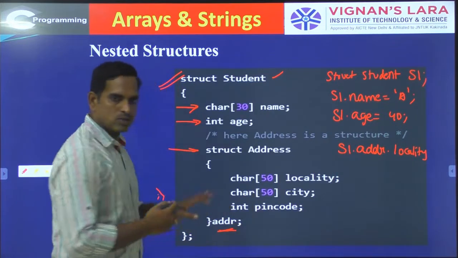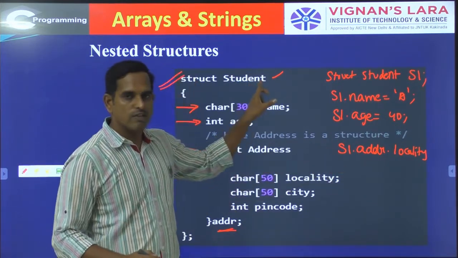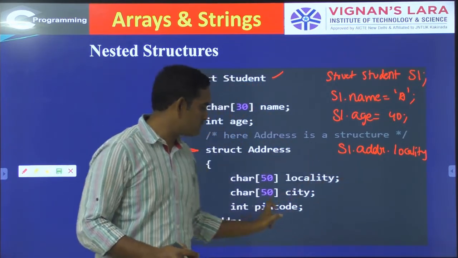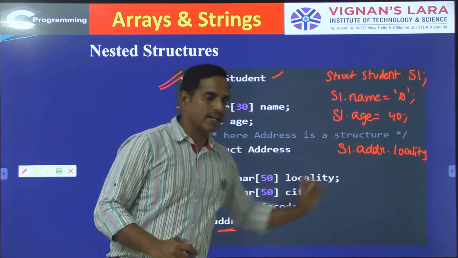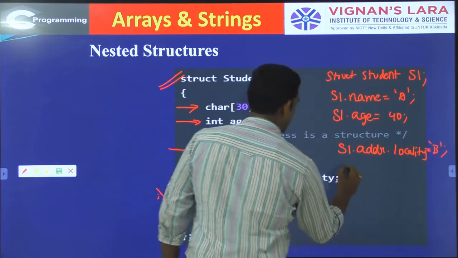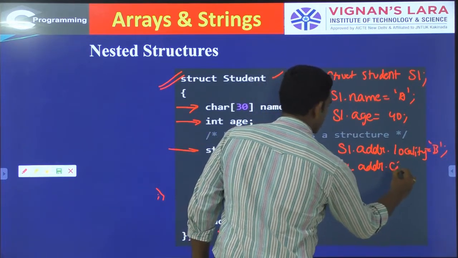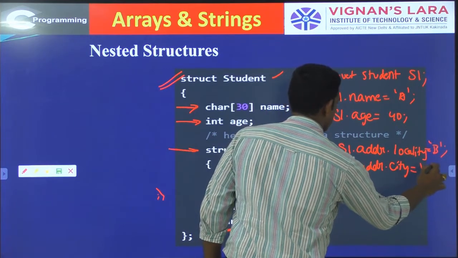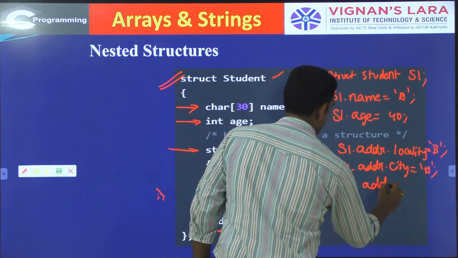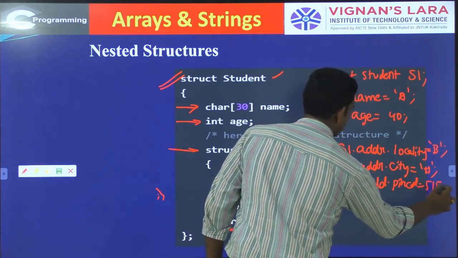So I have to access the inner structure variables in this manner. I have to use the variable of the original outer structure and then the variable of the inner structure, then I can access the locality. So locality is equal to some B, s1.addr.city is equal to some H, s1.addr.pincode is equal to 515 something.